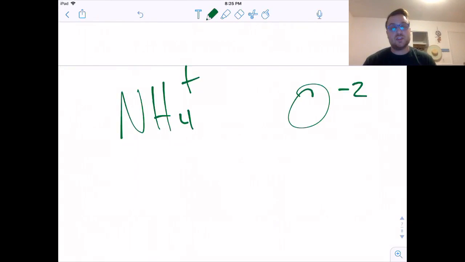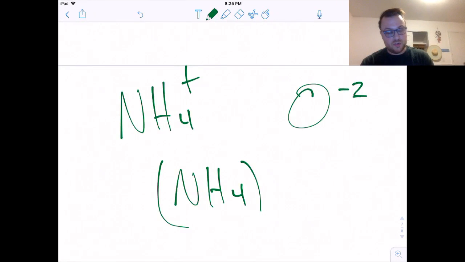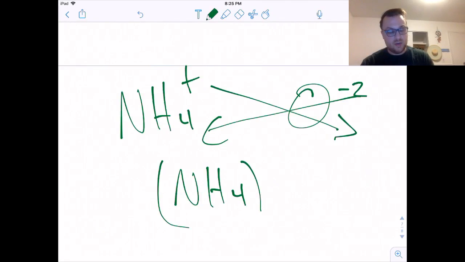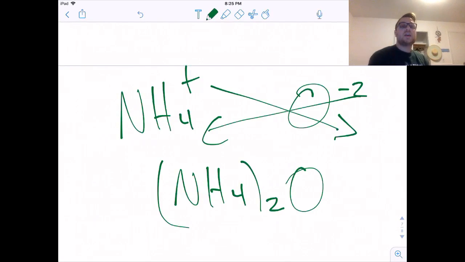So when they bond and you crisscross the charges down, just the numbers, you get ammonium oxide. That's an ionic bond. It's only nonmetals, but it's still ionic because of the charge attraction. Opposite charges attract.